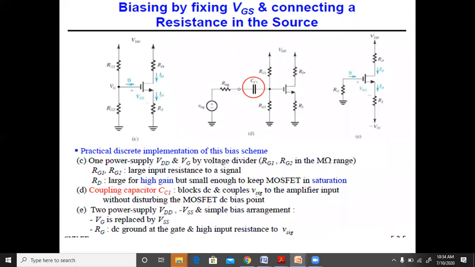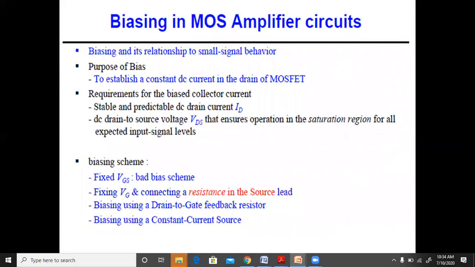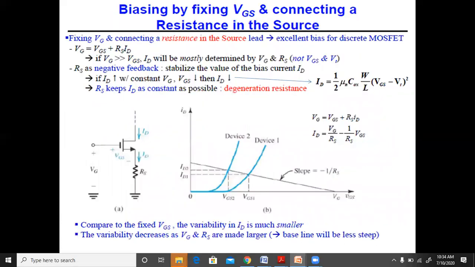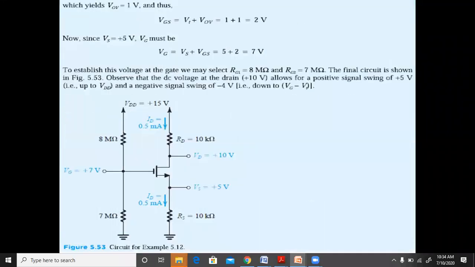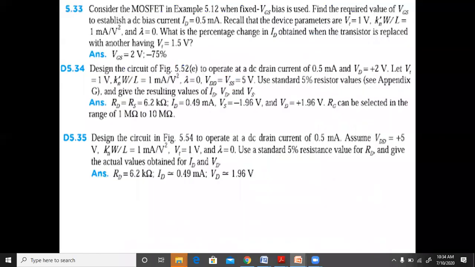Only that we need to consider that fixed VGS means there is no RS at all. So when there is no RS, what will be the value of VGS we want there.